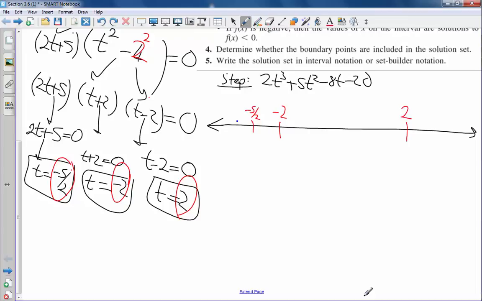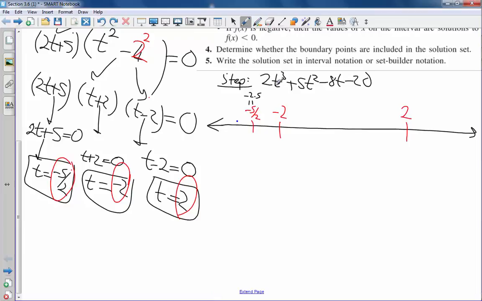Yeah. Take one sampling value from each region, such as less than minus 5 over 2. What's the best value you can pick? This is again like 2.5. So just take the whole number right before it, which is negative 3. Okay?